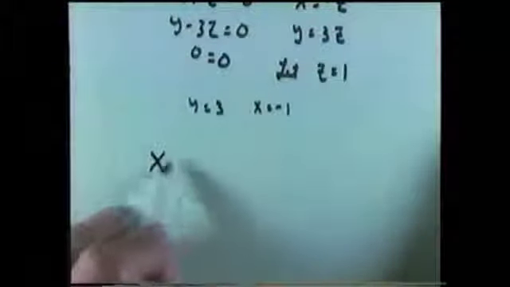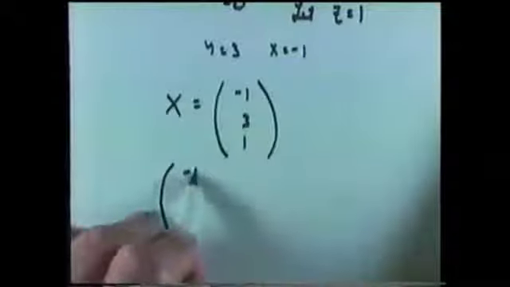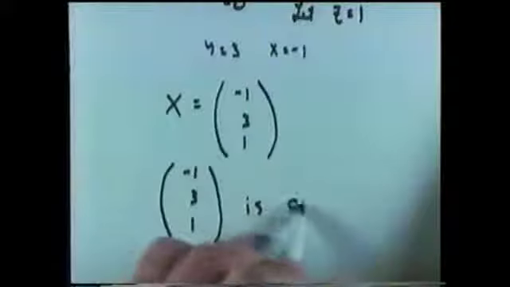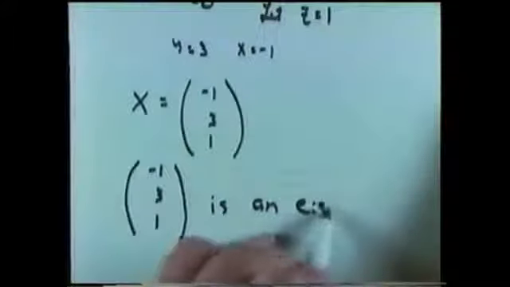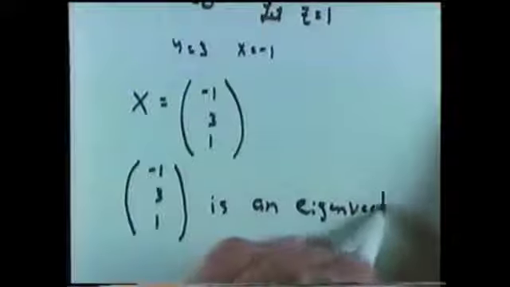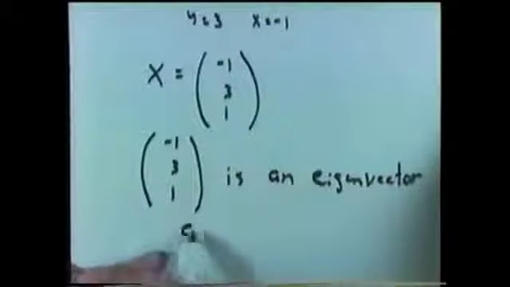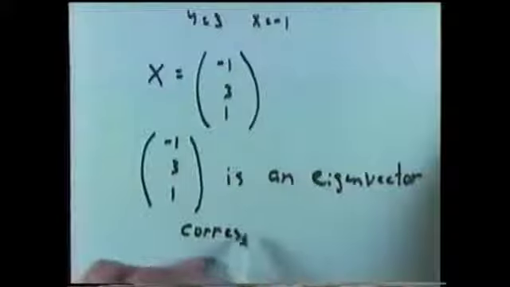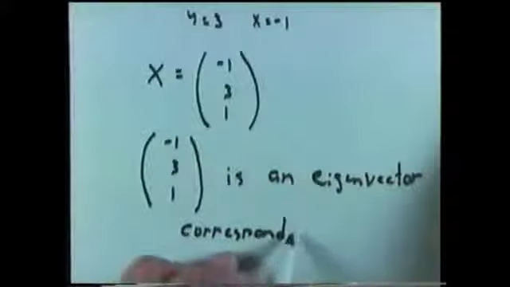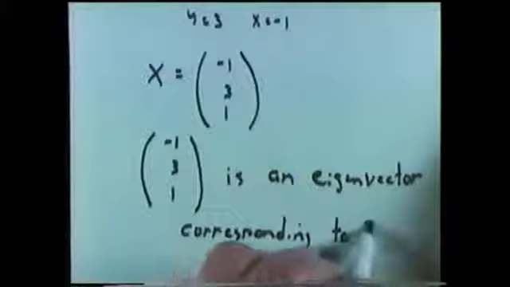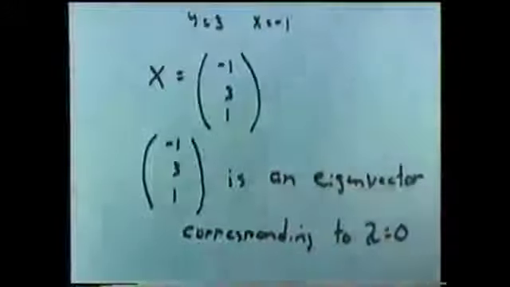So one value of x would be negative 1, 3, 1. Or we say that negative 1, 3, 1 is an eigenvector corresponding to lambda is equal to 0.